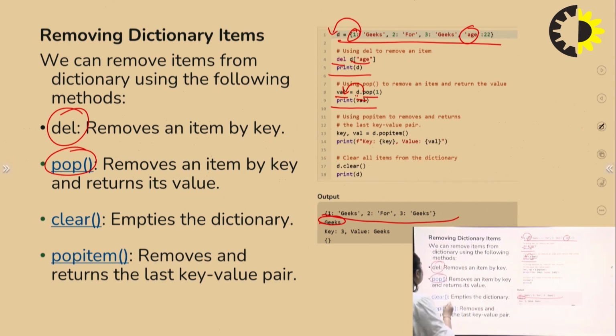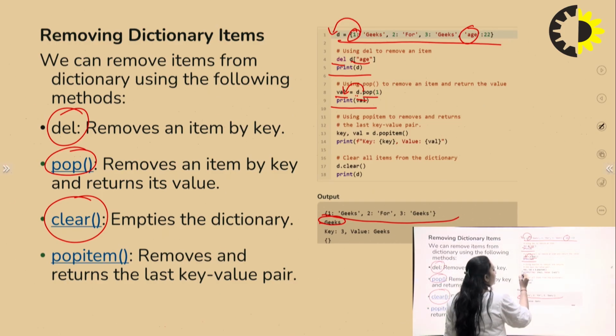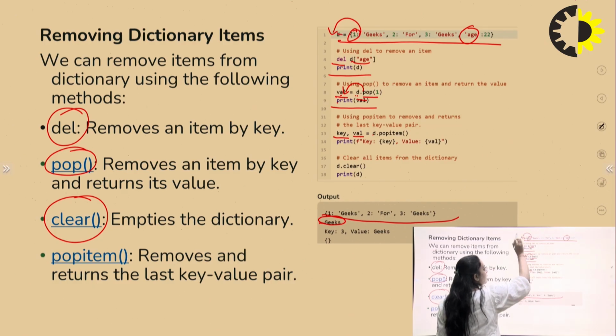Next is clear. Clear means it empties your whole dictionary. Next, how can you represent popitem in Python programming? Just simply write key comma value, where the last key-value pair is stored, equal to D. The whole dictionary is stored in the D variable.